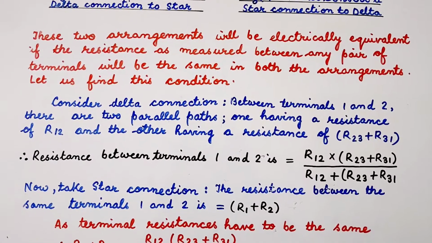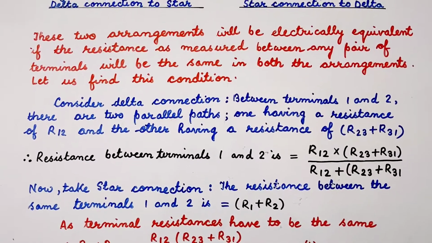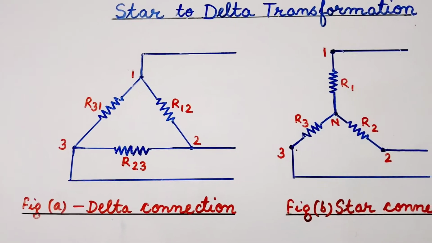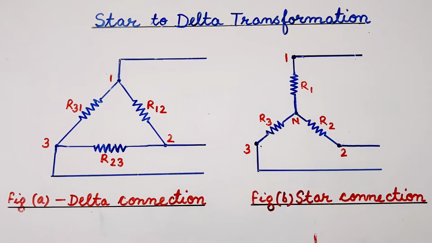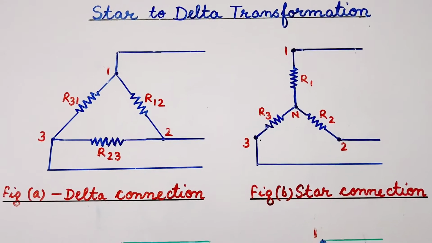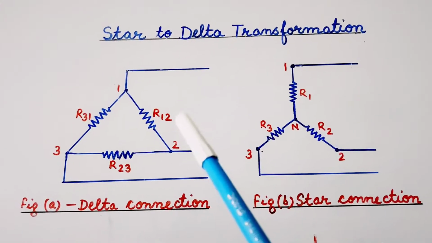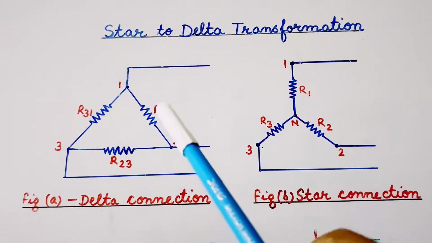For this, let us consider the delta connection as shown in figure A. In figure A we find that the resistances are connected in delta. We are trying to find the equivalent resistance between the terminals 1 and 2 in case of delta. Between the terminals 1 and 2 there are two parallel paths.